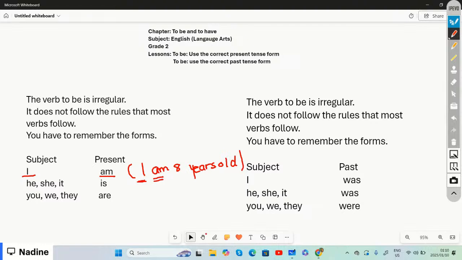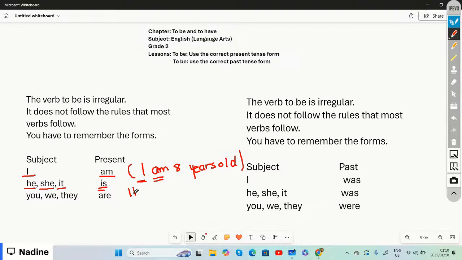If we make mention of words like he, she, or it, if we want to say that he did something, then we say he is. It's like now.